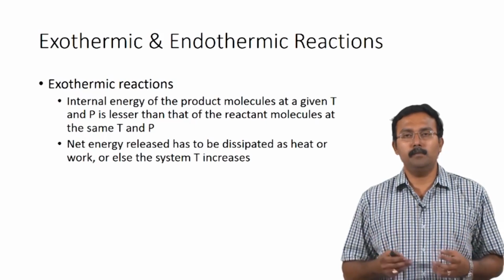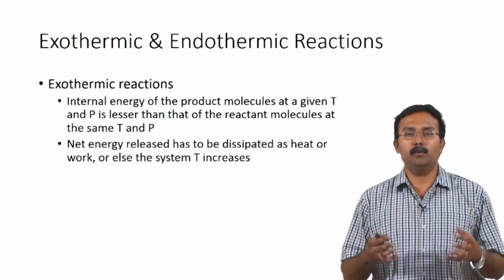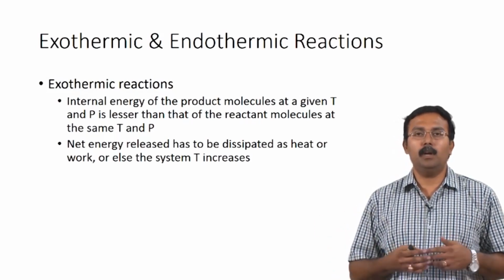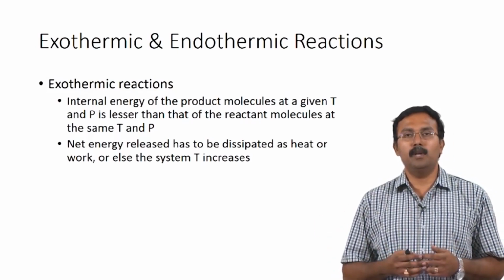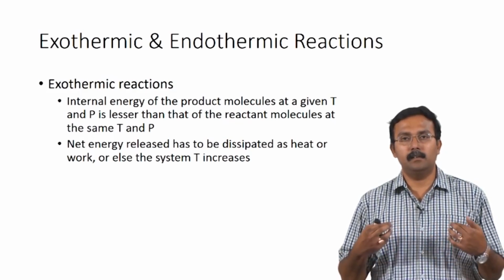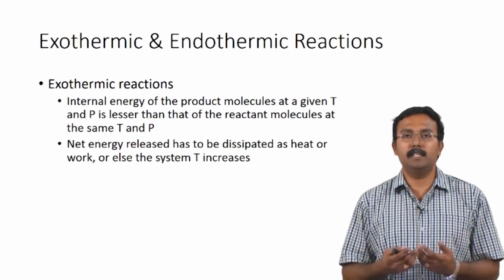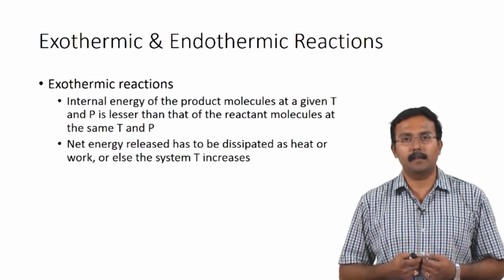So, you need to make sure that there is some way to cool down the system so that the temperature does not increase. If you want an isothermal process, you would have to remove heat by providing some kind of a cooling jacket across the reactor.